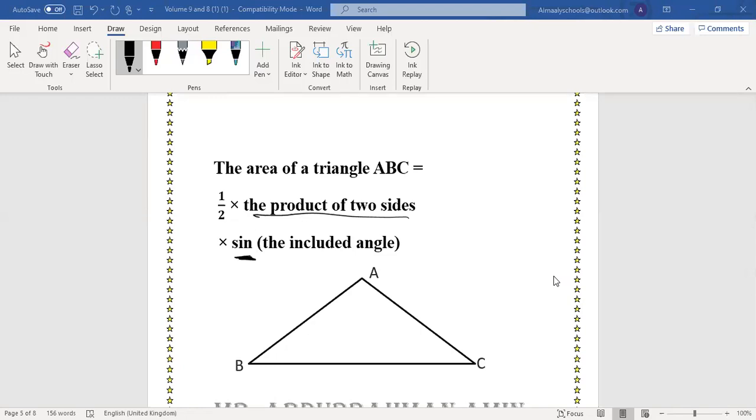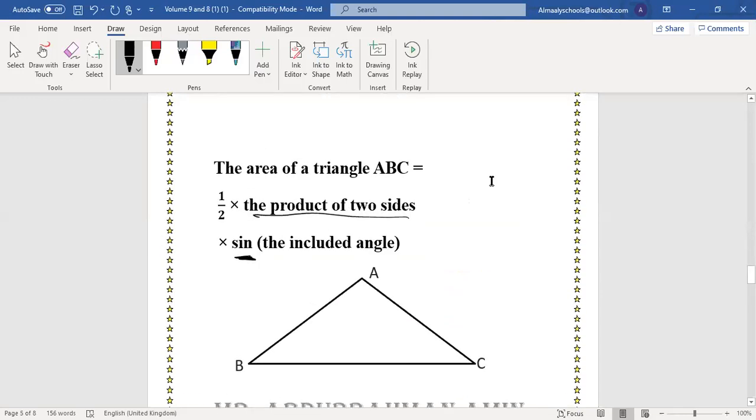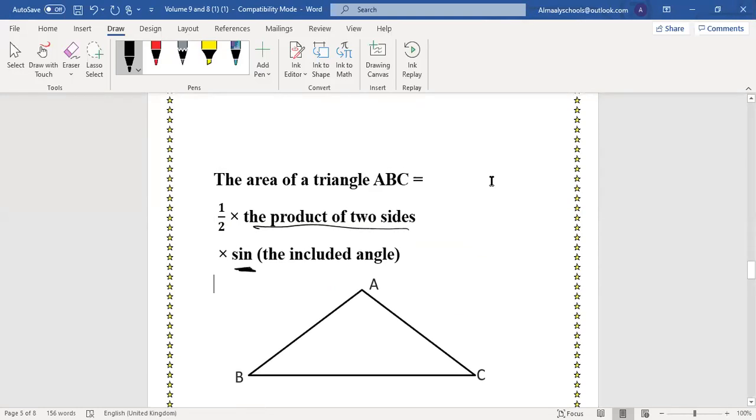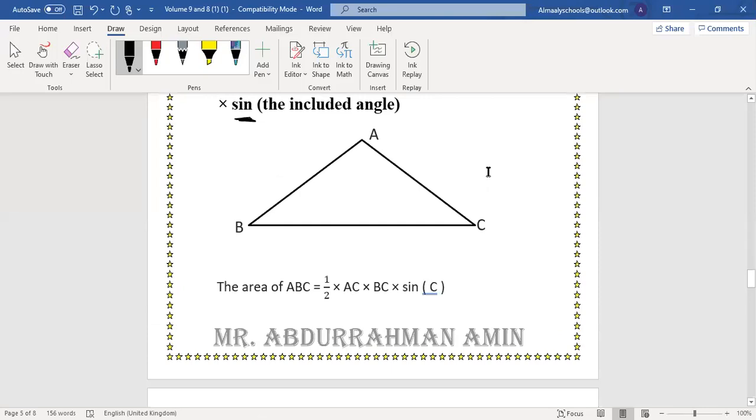So one minute, Yazan, you can see that it will be half multiply AC multiply BC multiply sine. What is the included angle between AC and BC? It's angle C. You can see its name, the angle C, repeated in the names of the two sides. So sine the angle C.